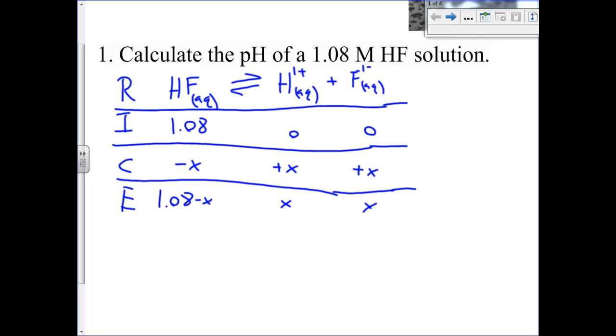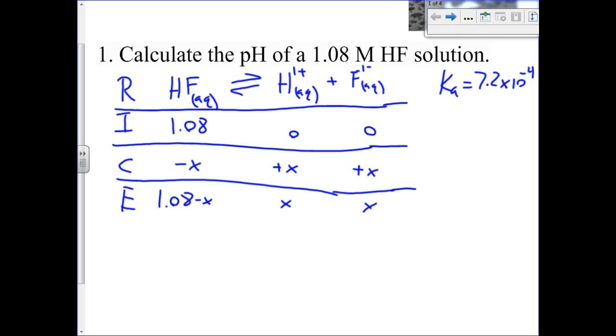Does anyone have that offhand? Oh yeah, that's right. I put it on your sheet. Last year it wasn't on the sheet. I put it on the sheet this year. Making sure you know how to read digits. That's the Ka of hydrofluoric acid.